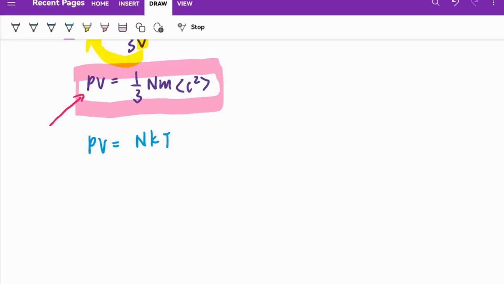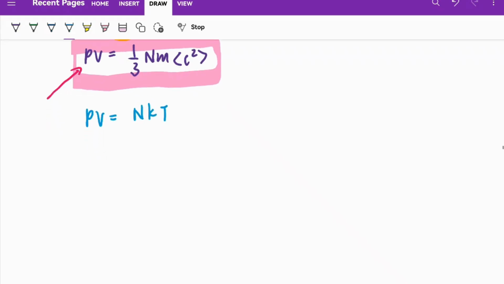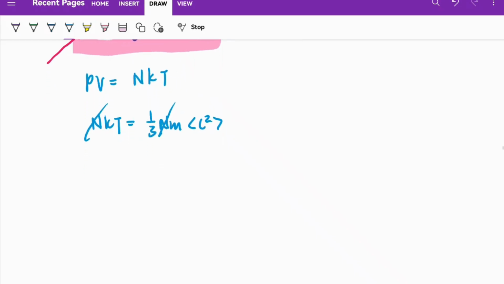Can we equate them? Of course. So you will get NkT equals 1 over 3 n m c square. N and N you can cancel out. So you will get kT equals 1 over 3 m c square.